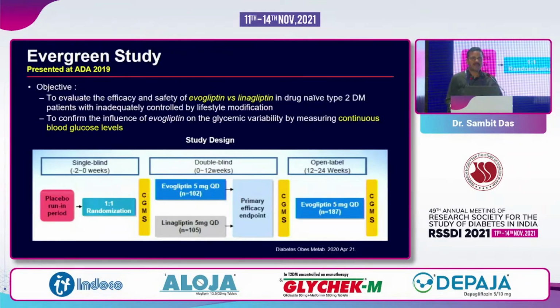The Evergreen study is actually a CGM-based study where they again compared in monotherapy after lifestyle modification. In one arm they gave Evogliptin 5 milligram, and in the other arm they gave linagliptin 5 milligram, and they did CGMS at the beginning and at the end of 12 weeks of therapy and 24 weeks of therapy.